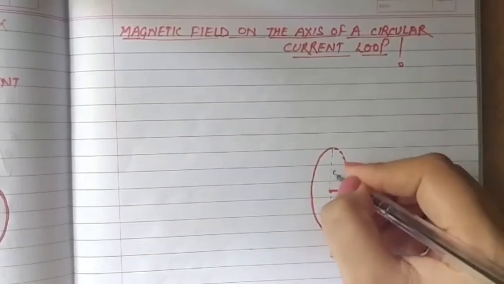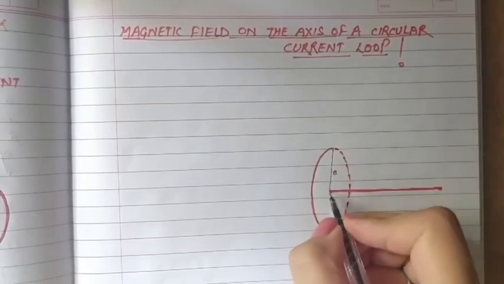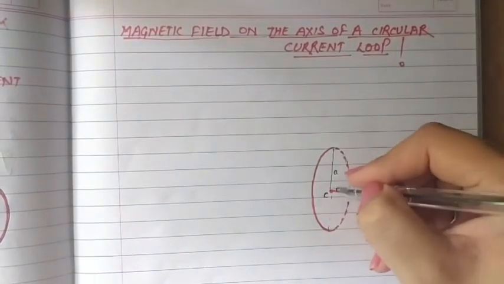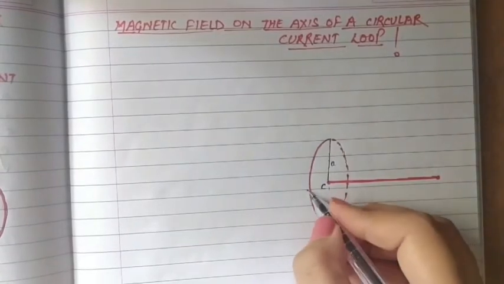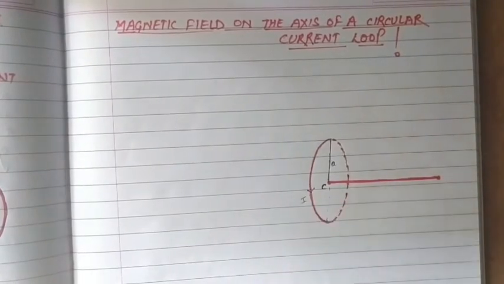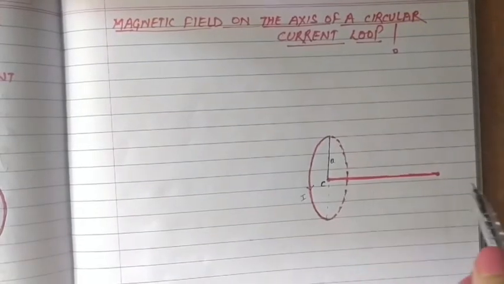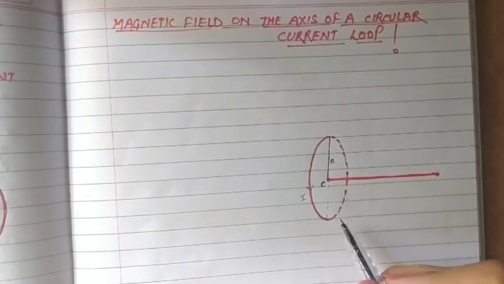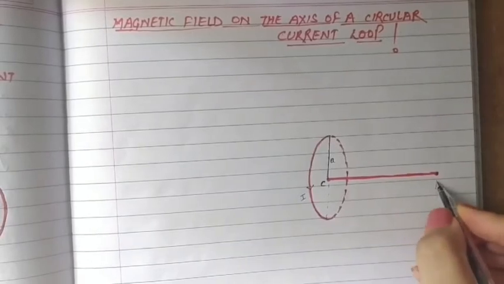This is the center of the loop, denoted by C. C is the center of the loop, this is the radius small a, and current capital I is flowing along the wire. The point on which we are going to take our observations is a point on the axis. Let this point be capital P.